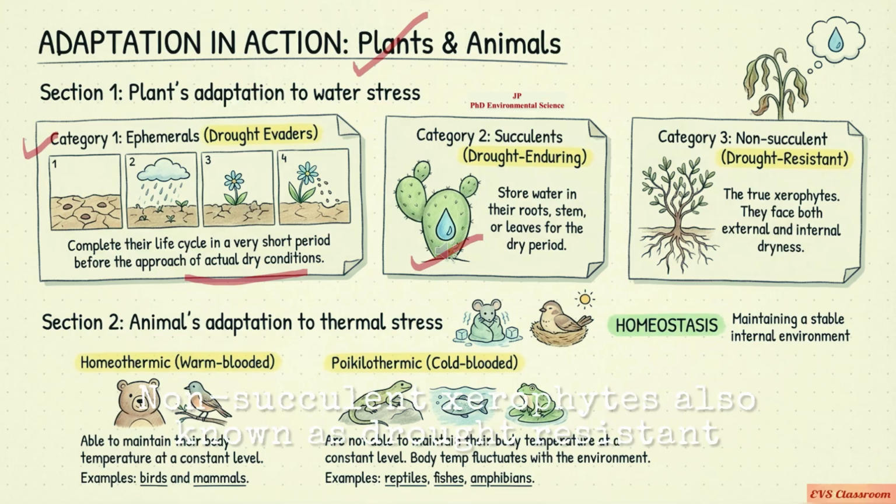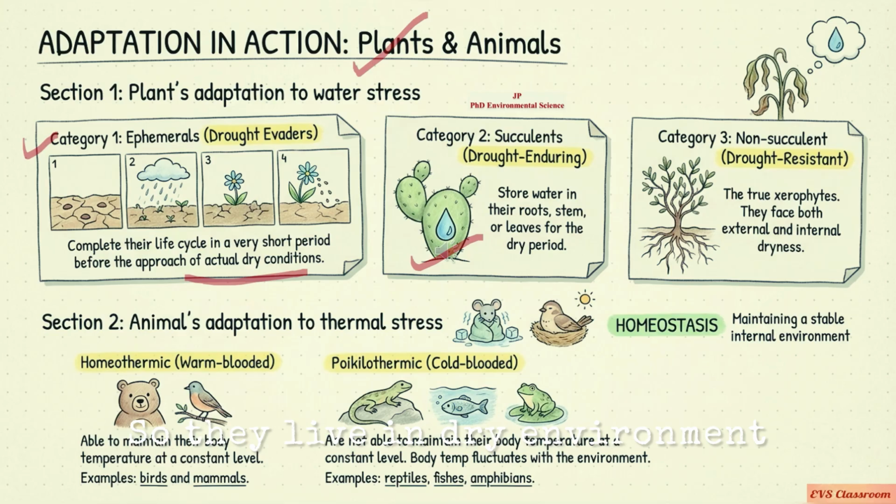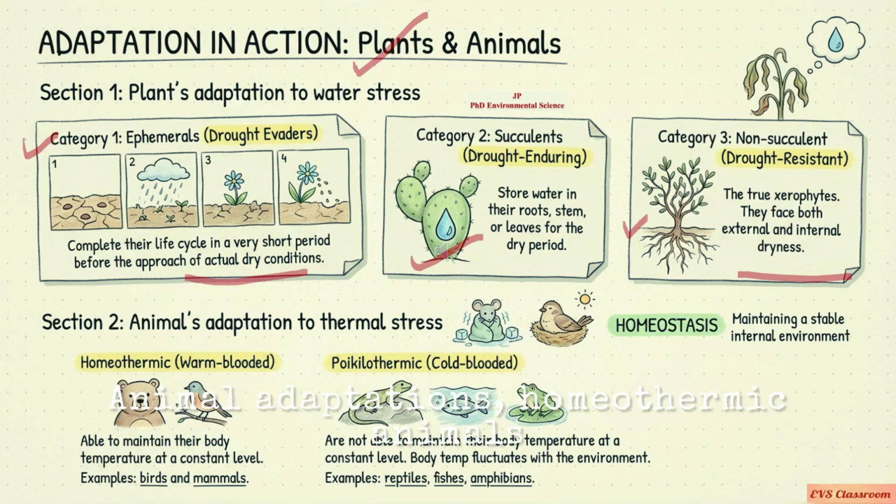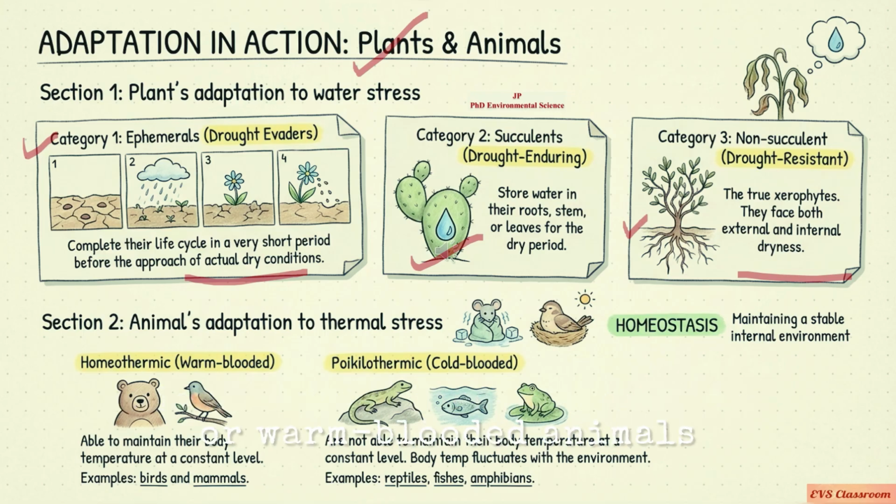Non-succulent xerophytes, also known as drought resistant, live in dry environments but do not store water. Instead, they reduce water loss. Adaptations include small leaves or spines, thick cuticle, sunken stomata. Example, acacia and pine.